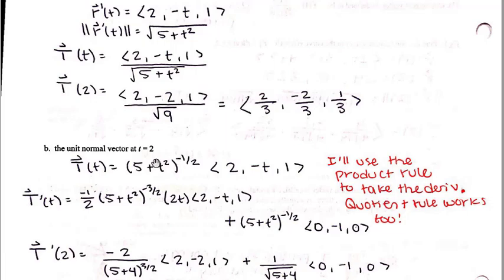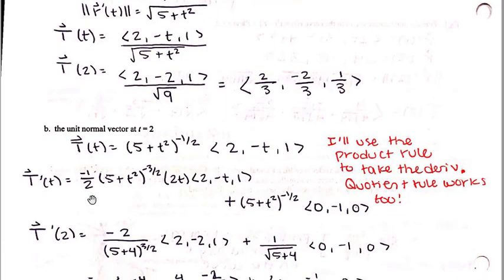You can check 12.2 for this rule as well, a function times a vector, taking the derivative of both. I had to put it on two lines because I ran out of room. But I have the derivative of the first part, the function, times the original vector, plus the original function times the derivative of the vector written here. So that is the product rule.